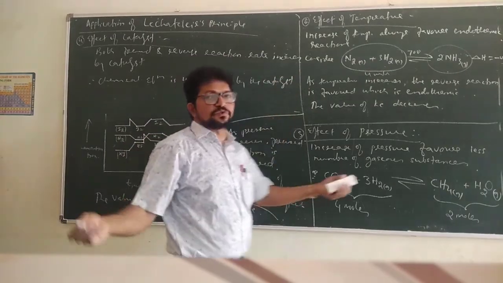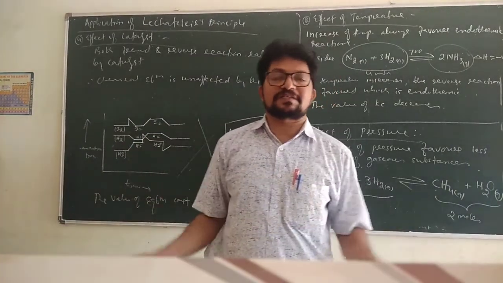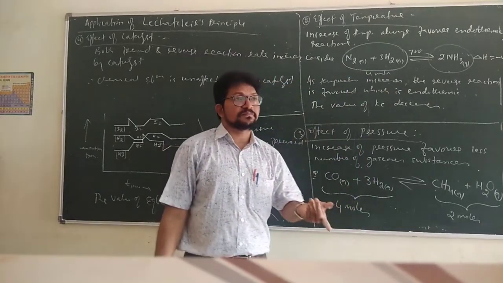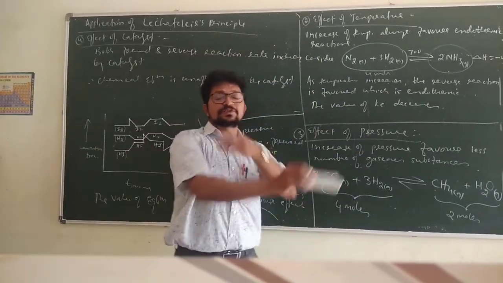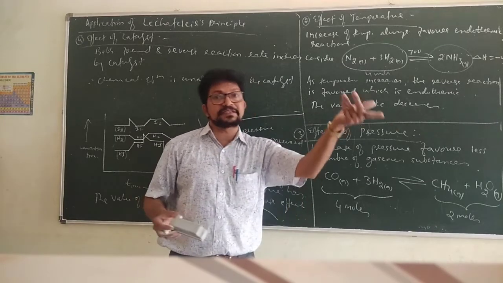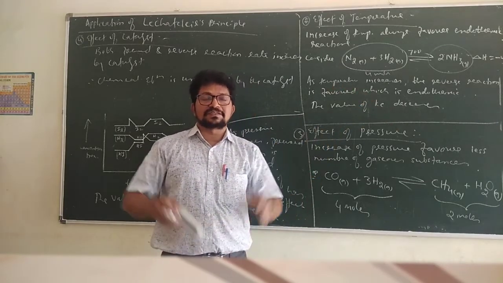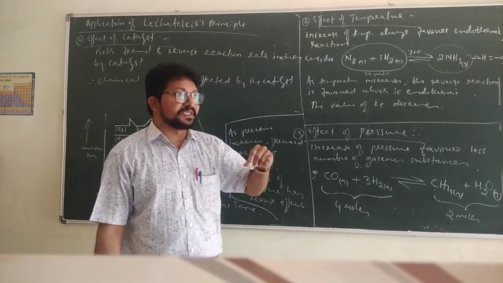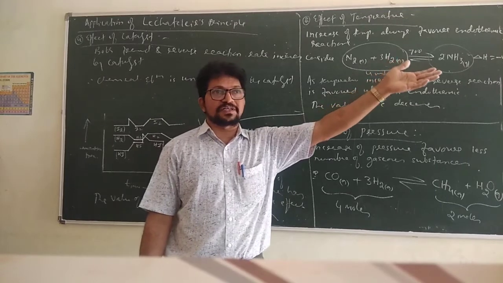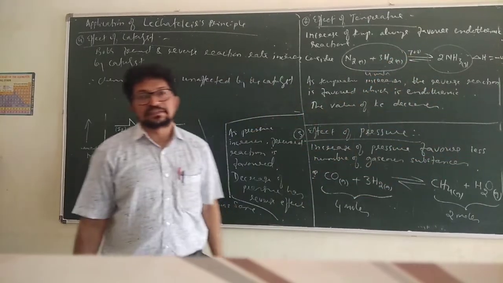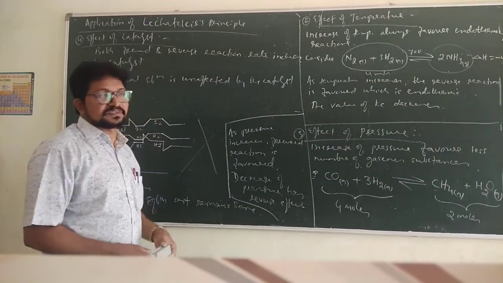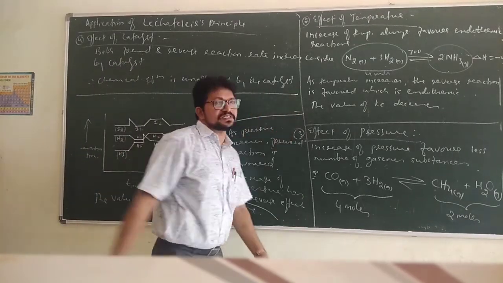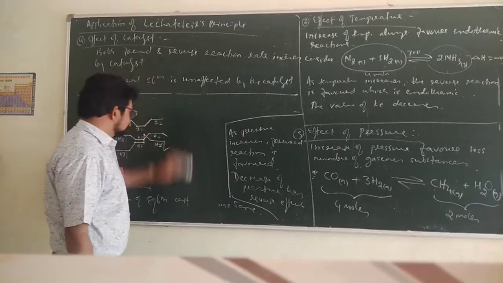See, it only helps to attain the equilibrium faster. Qc to Kc is faster. You are at some Qc. If you add a catalyst, immediately you go to Kc. That means immediately it attains equilibrium. But the position of the equilibrium remains the same. Because with what speed it enhances the rate of forward reaction, with the same speed, reverse reaction also gets enhanced. So that means the chemical equilibrium is unaffected by the catalyst.